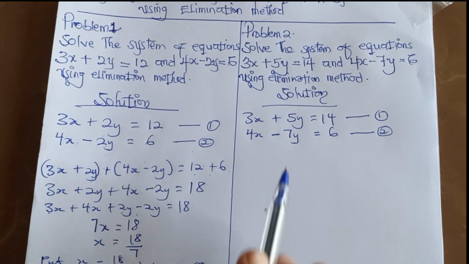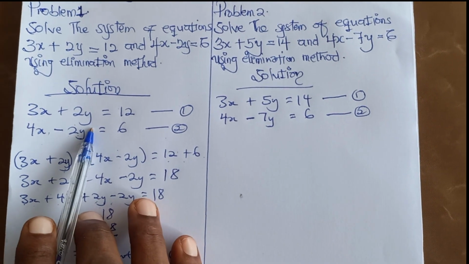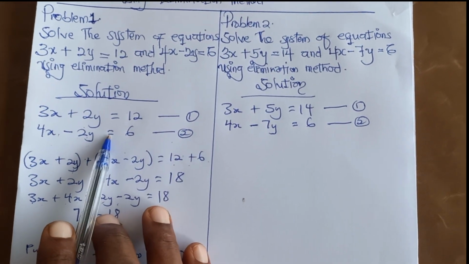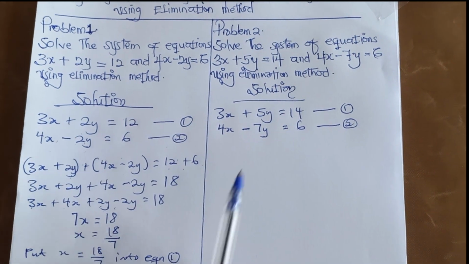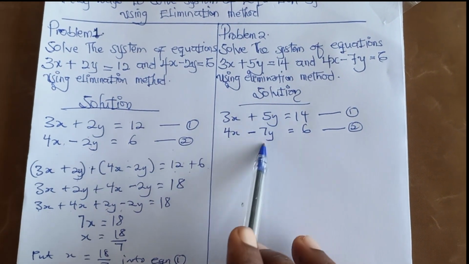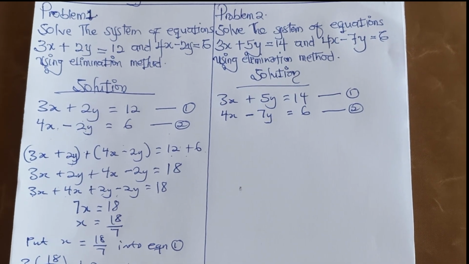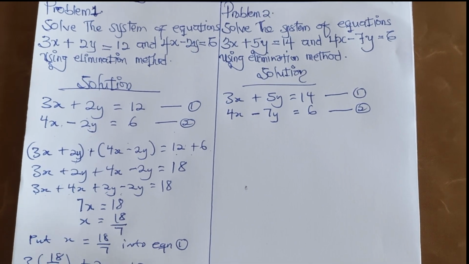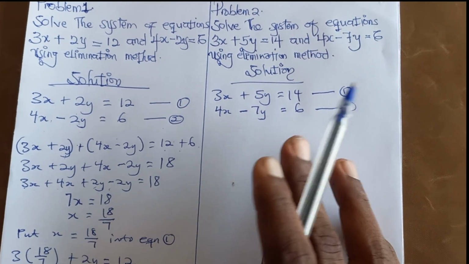Good. You can see that this problem is a little different from the first one. The reason is that when you compare the coefficients of the variables, they aren't the same. So we cannot just add or subtract the equations.